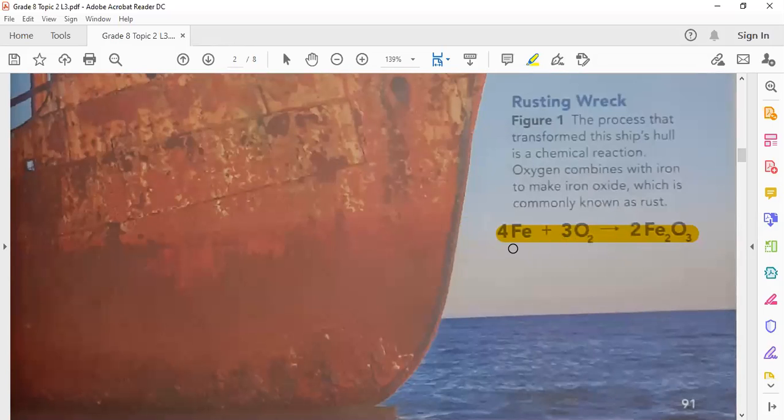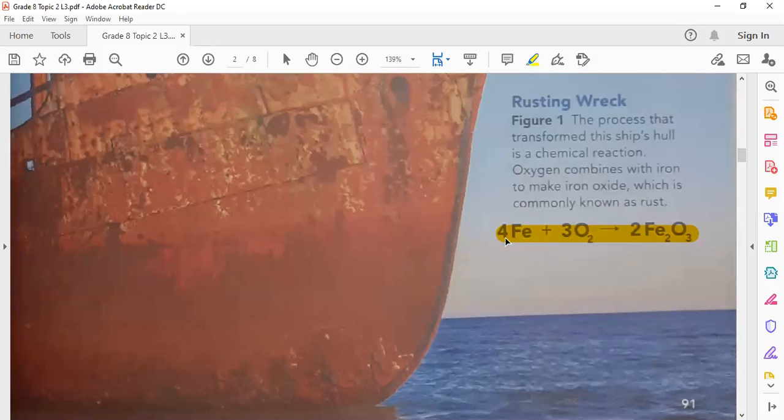For example, in rusting, we need 4 particles or 4 atoms of iron to react with 3 molecules of oxygen to form 2 molecules or 2 particles of rust.